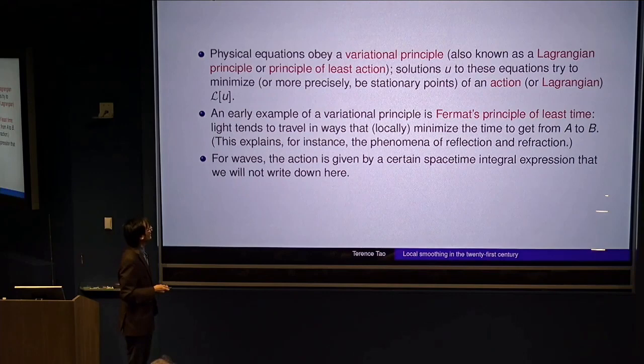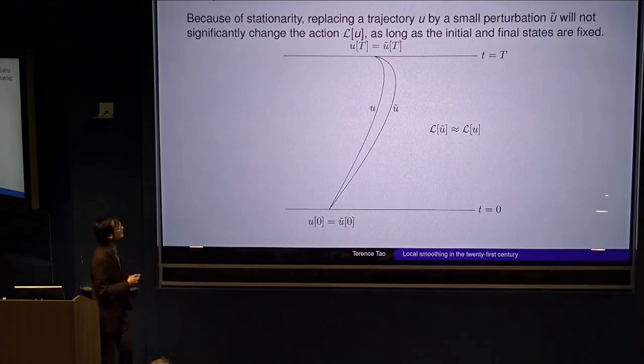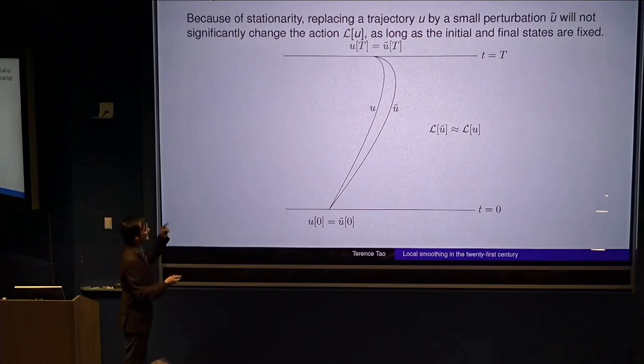All right. So mathematically, what does being stationary for the action mean? The great thing about mathematics is that you can draw diagrams and they can mean whatever you want. The x-axis here is what's called state space.